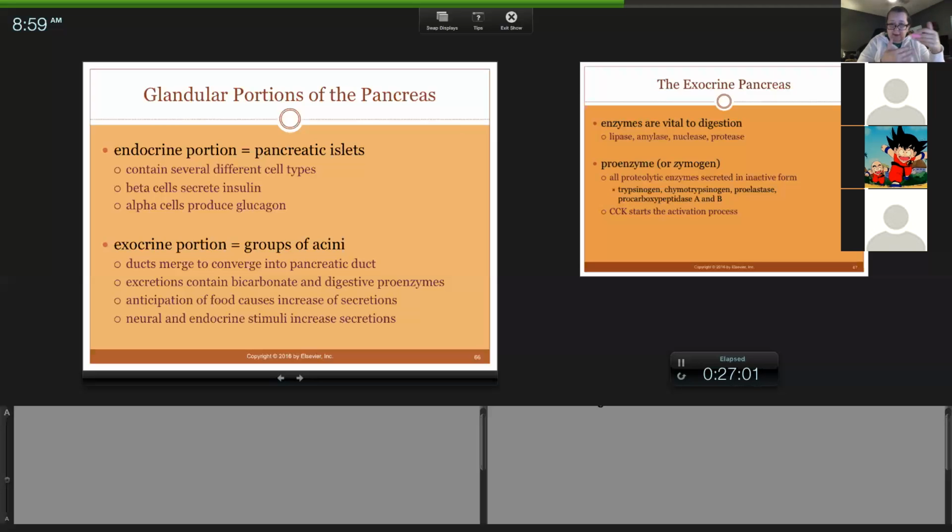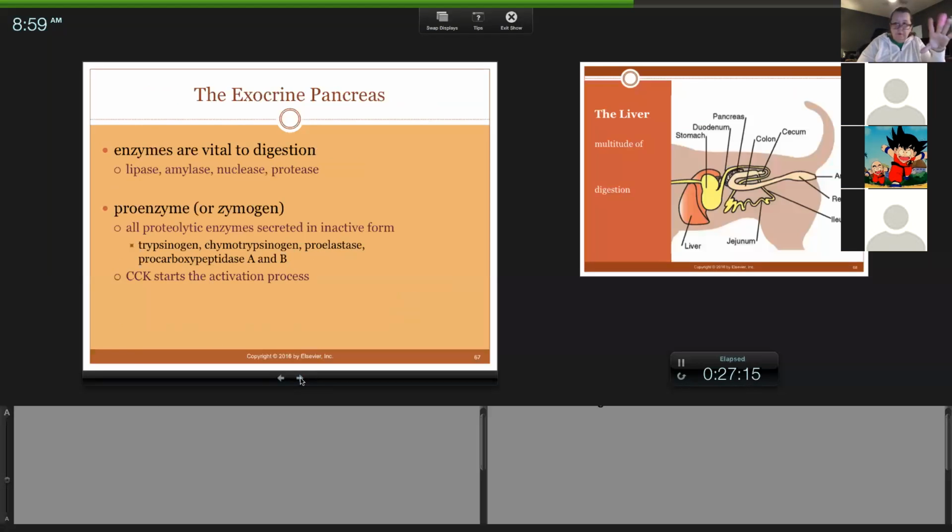The feedback for the exocrine pancreas is neural from the nervous system, and it gets feedback from the endocrine system. Now, the enzymes that are more vital to digestion, these two you definitely need to know: lipase and amylase. You need to know these come from the pancreas. I'm telling you, animals get pancreatitis, and cases can be awful.